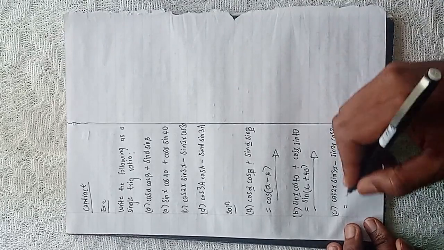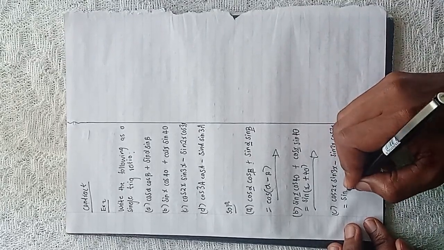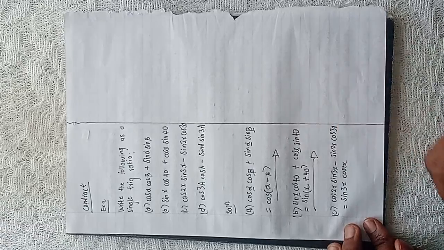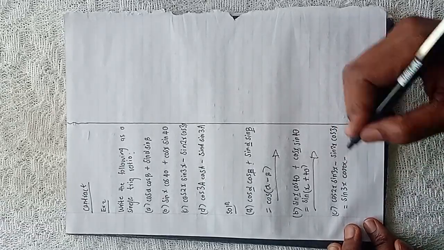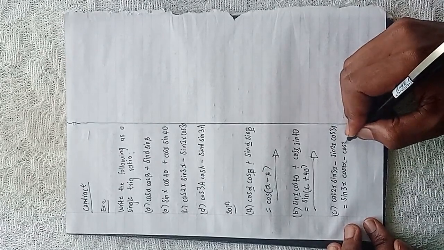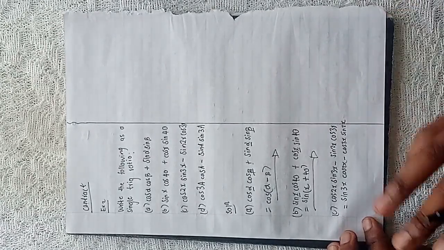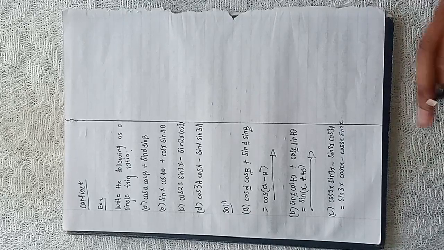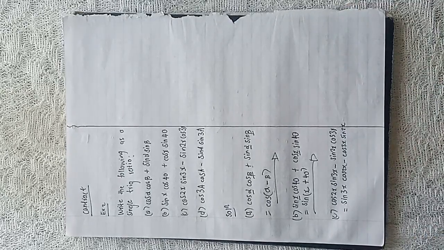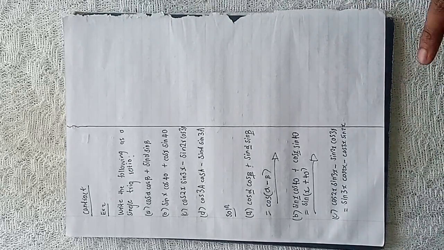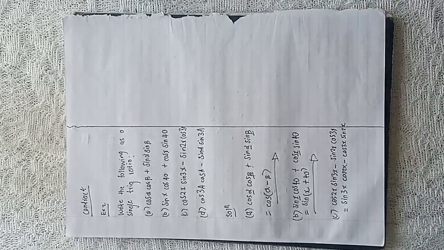If I just rearrange this to sine 3x cos 2x subtract cos 3x sine 2x, by rearranging it's easier to see which compound angle it's similar to.